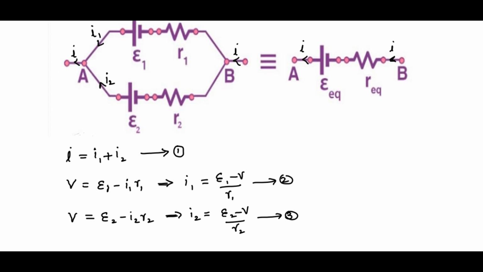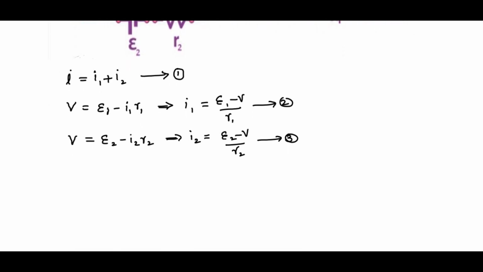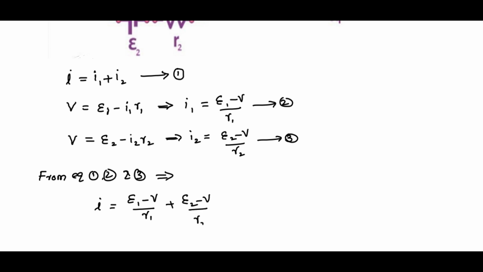From equation number 1, 2 and 3 we can write I is equal to I1, whose value is E1 minus V by R1, plus I2, which is E2 minus V by R2.